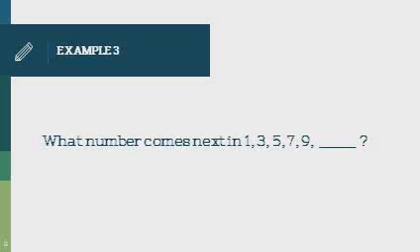Now, for example, 3 minus 1, then 5 minus 3, 7 minus 5, and 9 minus 7. So, common difference is 2. So, possible na ang next natin na number, may common difference din na 2 doon sa 9. So, the next element is 11.